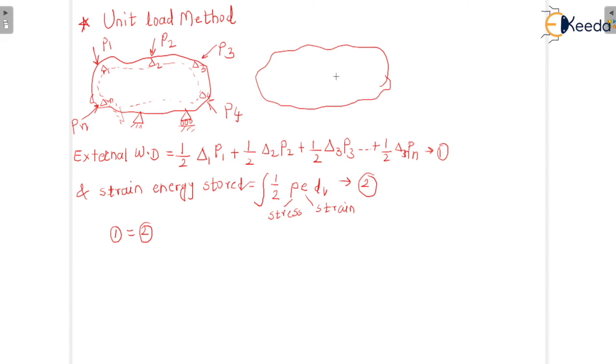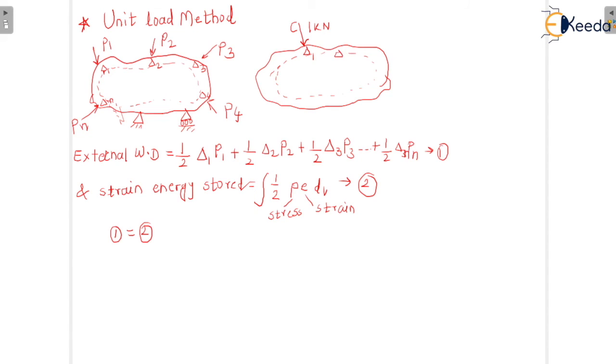So this same body is subjected to a unit load, 1 kilonewton, gradually at point C, and it is free of the system of forces. Now there are no external forces. So let the displacements at 1, 2, 3 and n be delta 1, delta 2, delta 3, delta n. So at those points where initially the load was acting, let us consider only the unit load acting now, but that there is some displacement.